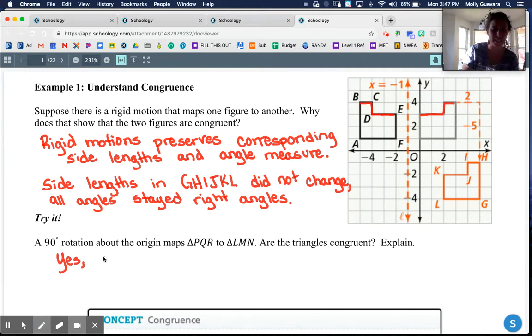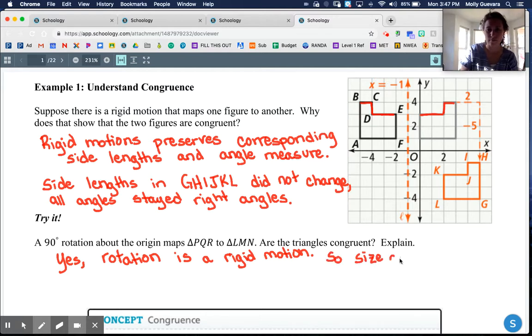Okay, and it does say explain. So I'm going to say rotation is a rigid motion. So since rotation is a rigid motion, we can say size and shape are the same.